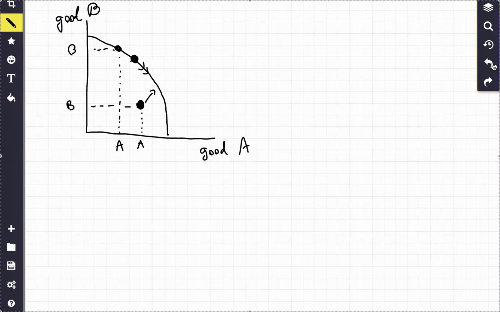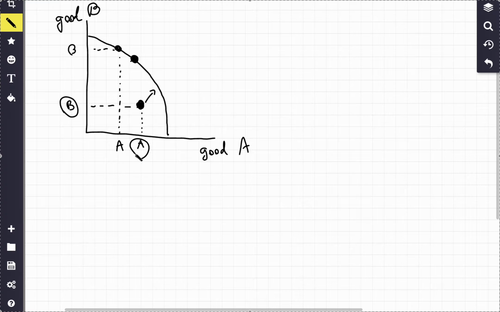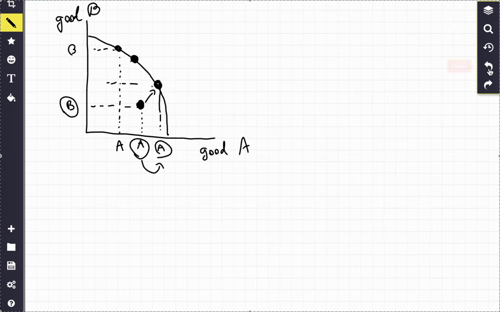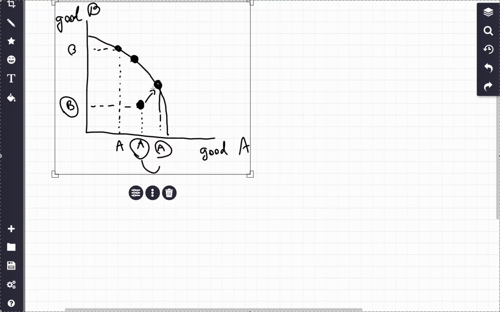But when economy is producing inside the curve, that's not the case, because this is the production of good A and B at this point. However, if economy has increased the production until here, now good A has increased and good B has increased too. So please make sure you know that difference, and this is the production possibility frontier.